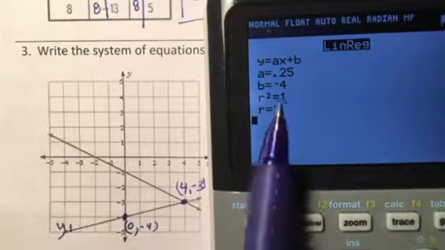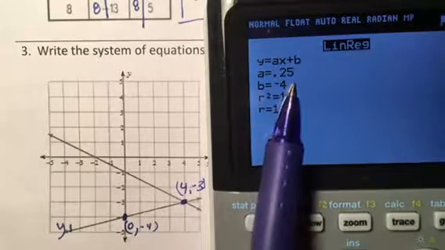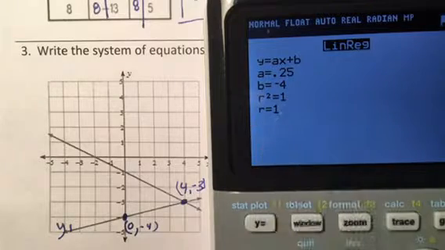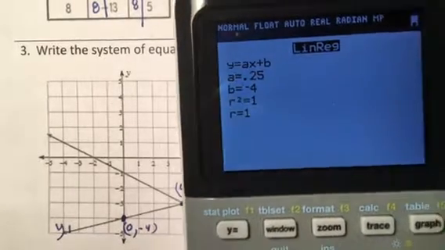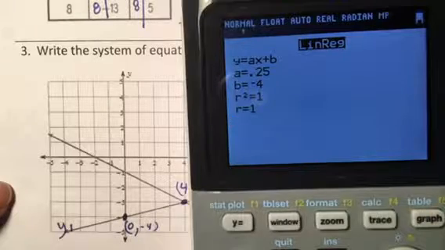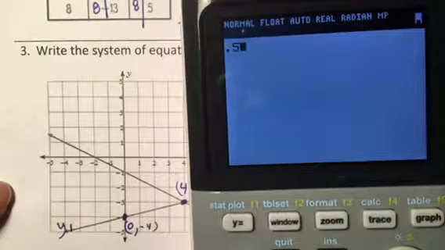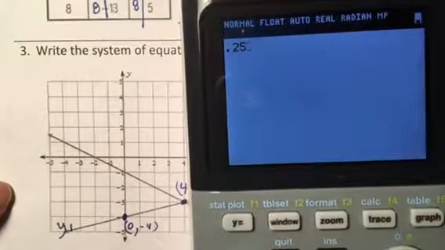Okay, so I have 0.25 for my a and -4 for my b. So usually they like the slope as a fraction.